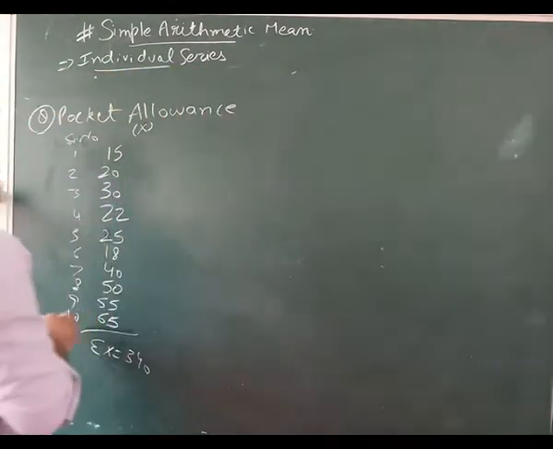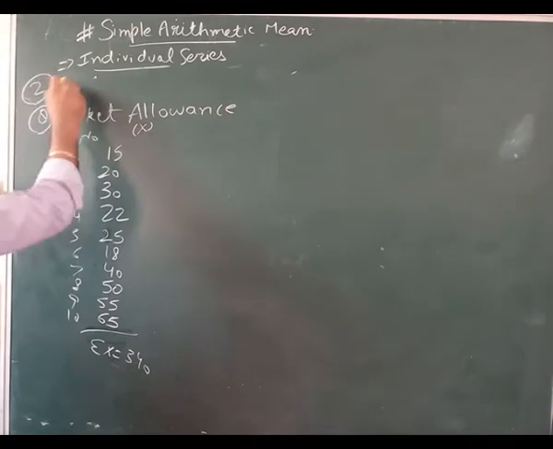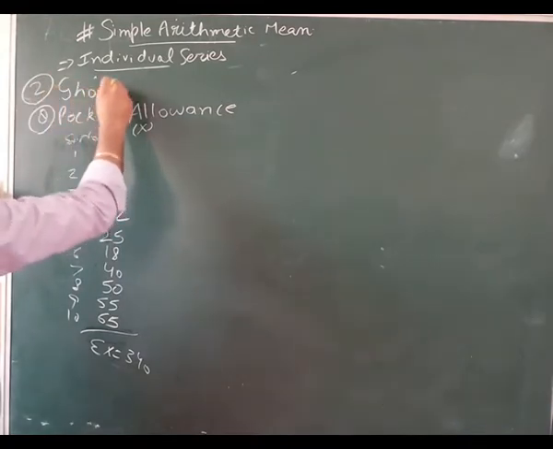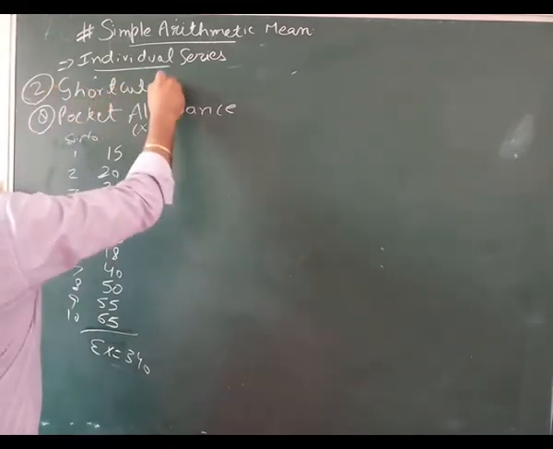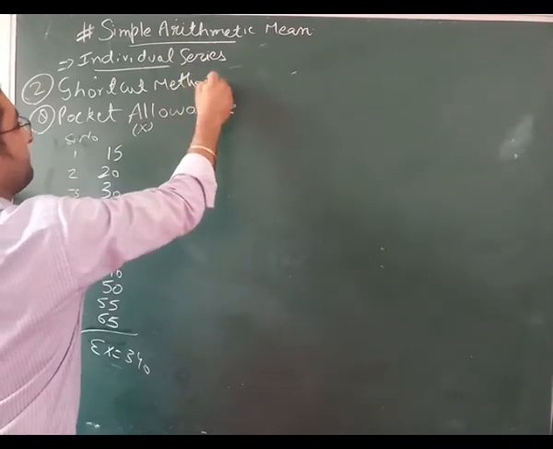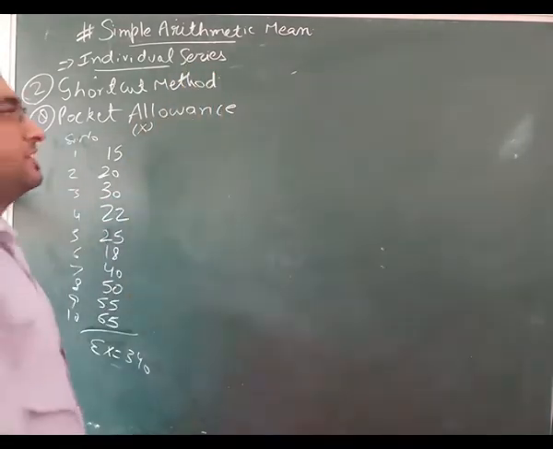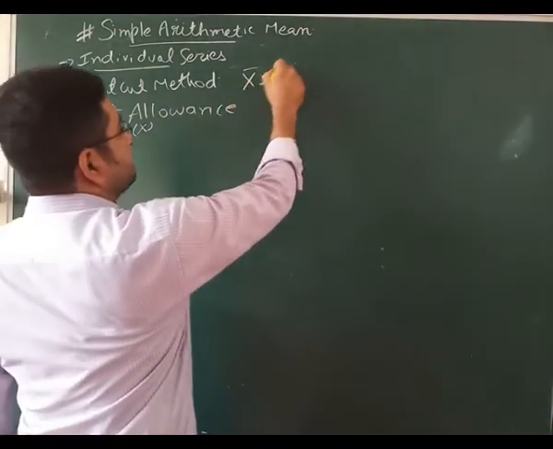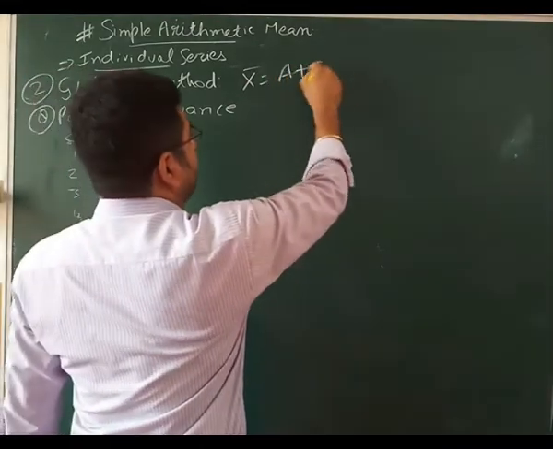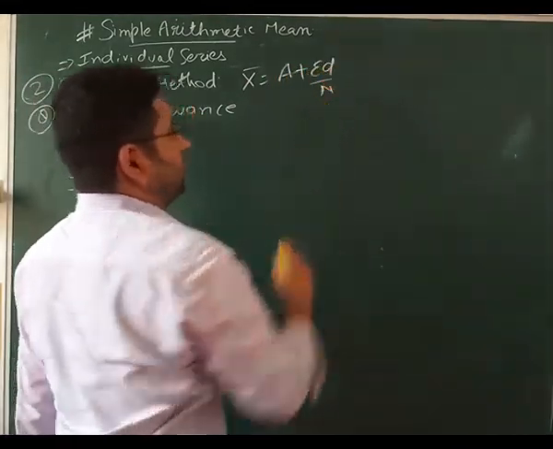The second method for this series is the shortcut method. Under the shortcut method, we have the formula x bar is equal to a plus summation d upon n.